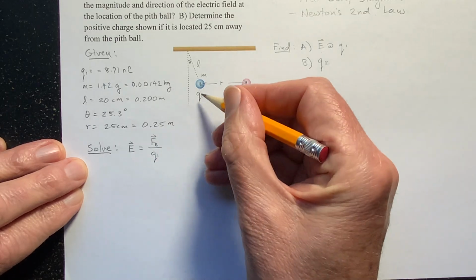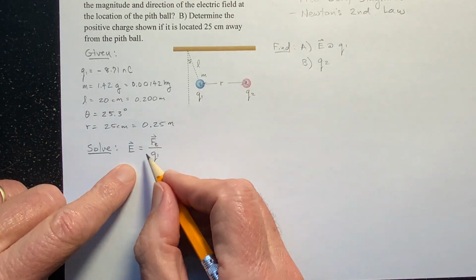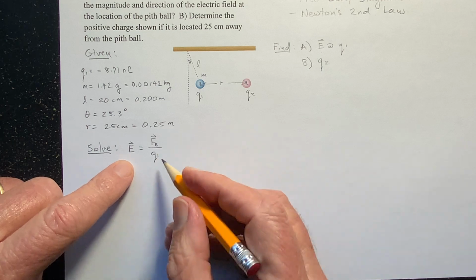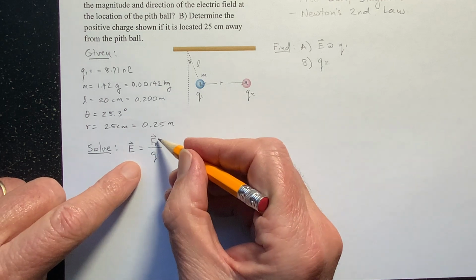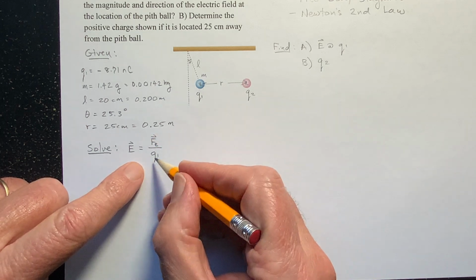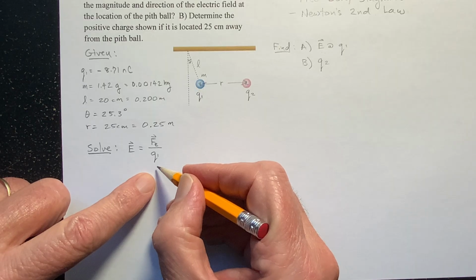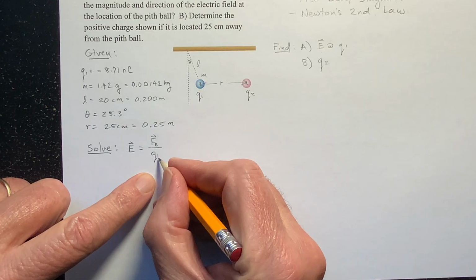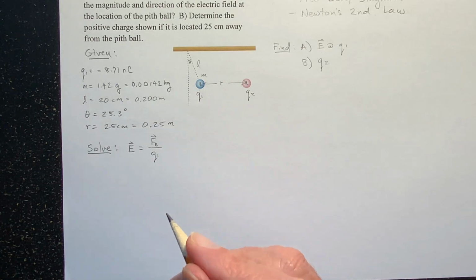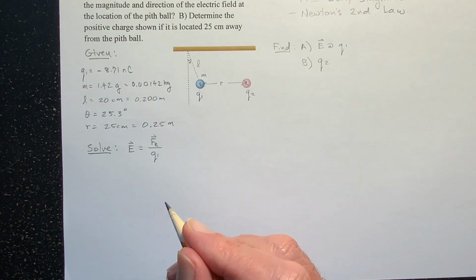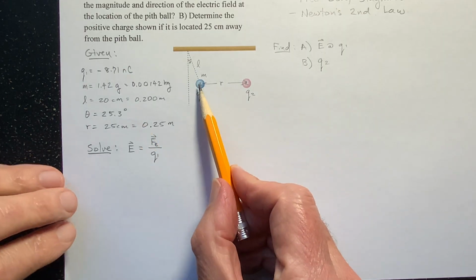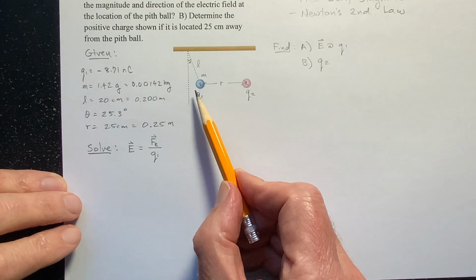And in this case, it's Q1. Now, you may have seen this written in your textbook or in your lectures as the electric field is the electric force divided by Q naught, or Q sub 0, which we call a test charge. Now, in this problem, the pith ball is kind of acting as if it is a test charge.